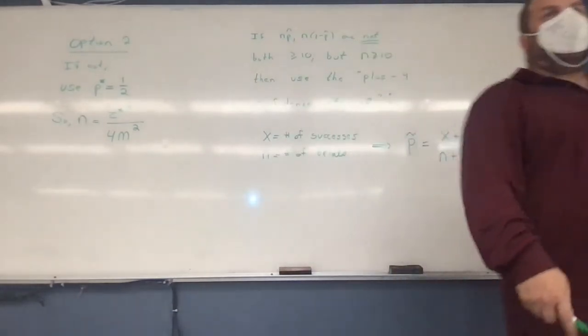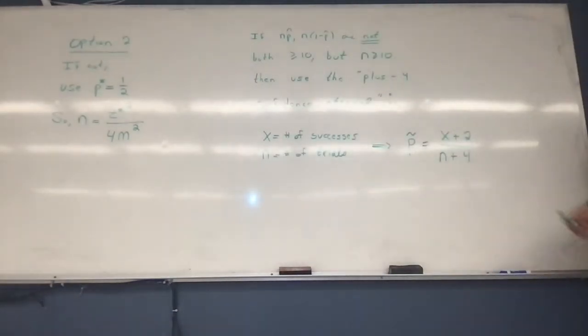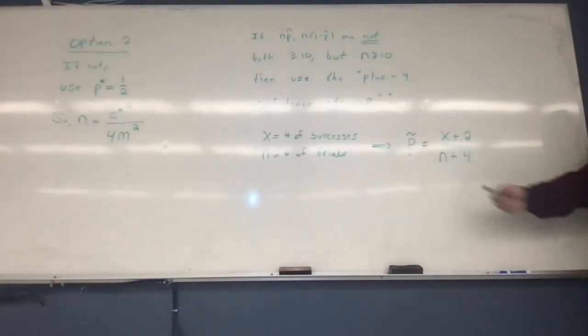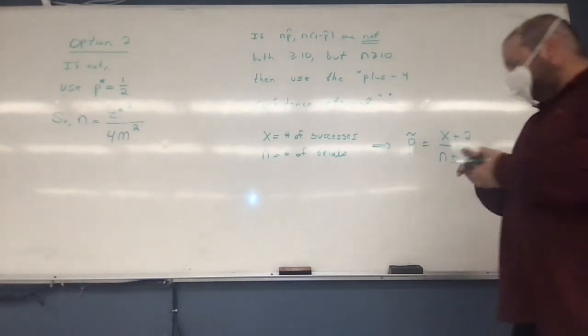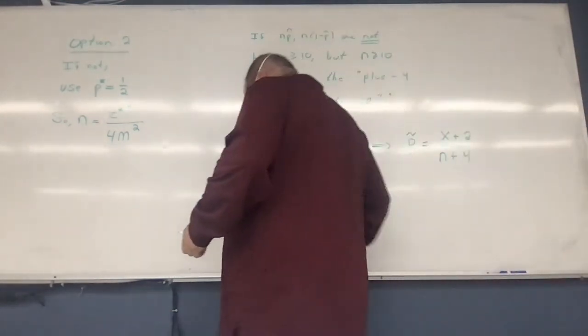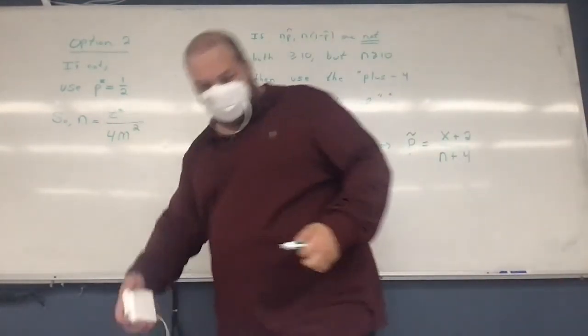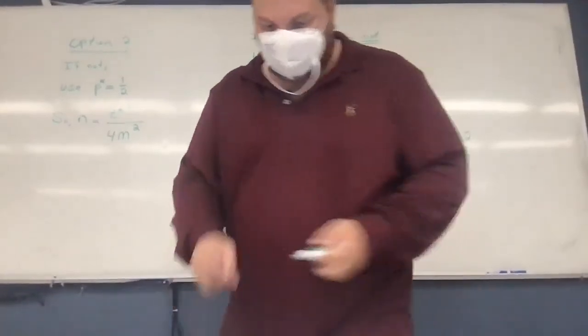So we don't use p hat, we use p twiddle instead. And in that case, the confidence interval is as follows.